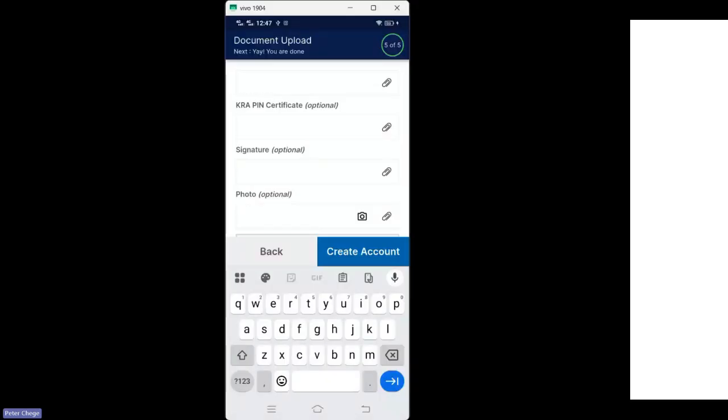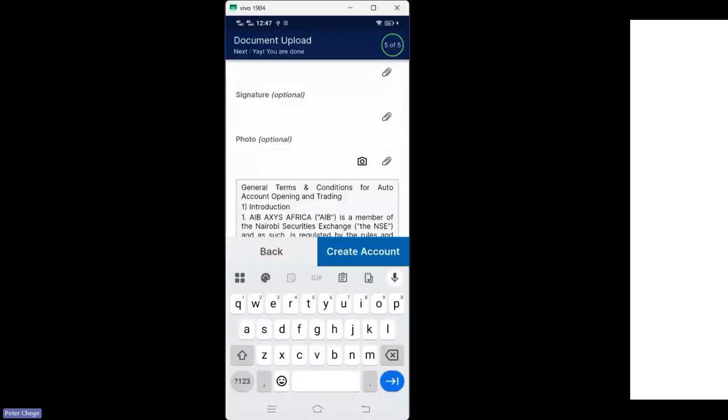Signature is optional because that will get from IPRS, but make sure you also attach photo. In addition to that, once you receive your CDSC number, say that's the W8BN form on email, just go to our website. I'll show you under global markets, there's a specific email where you need to send your details.